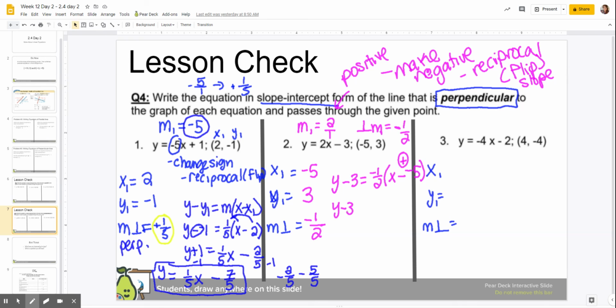So we have y minus 3 equals, when I distribute, we have -1/2 x. A negative times a positive, since I changed that to a positive, it's a negative or minus sign. And 1 times 5 is 5 in the numerator, divided by 2 in the denominator. And then we add that constant of 3. So we get y equals -1/2 x. I just carry that down.